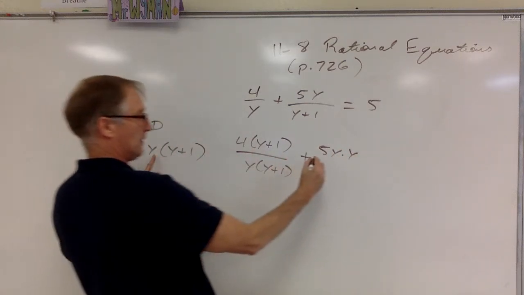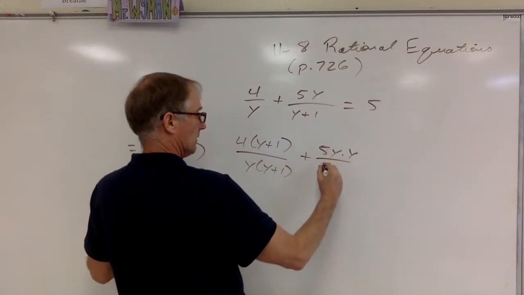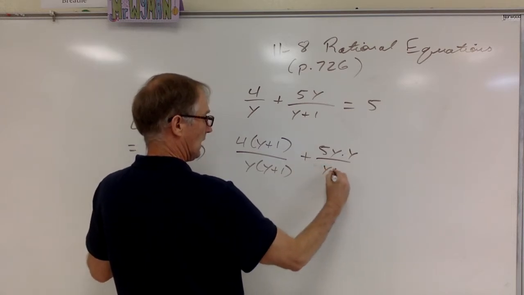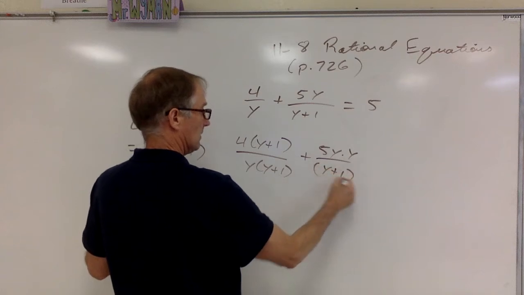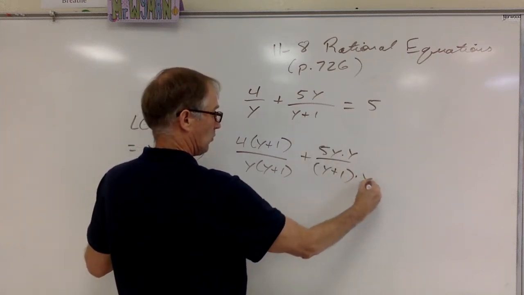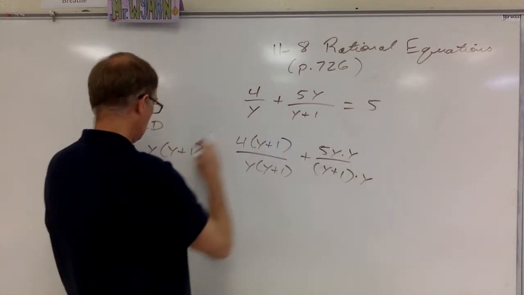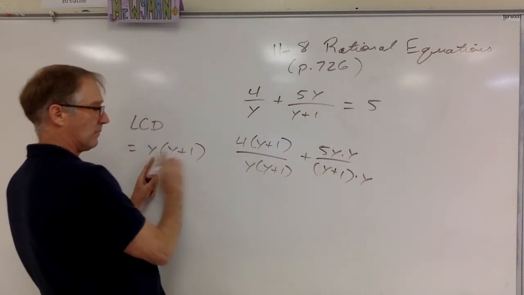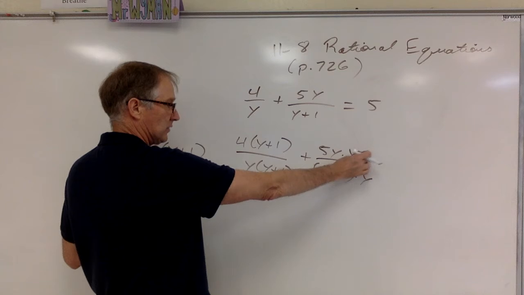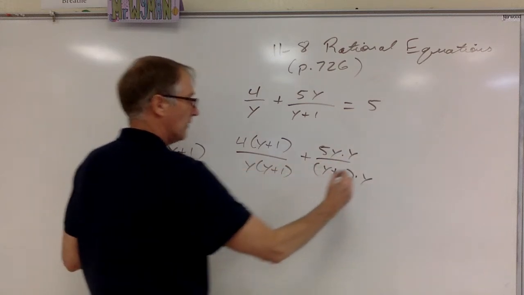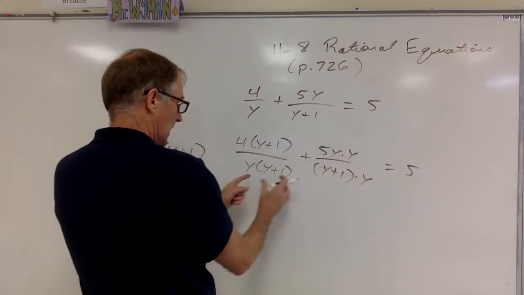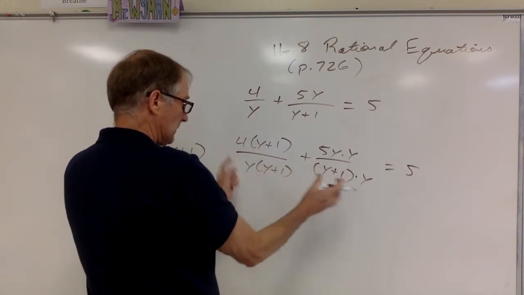Multiplying to get a common denominator, I have to multiply y plus 1, which is that, times y. These y's right here come from the fact that I'm trying to get a common denominator. Remember, to get a common denominator, you also have to multiply the numerator by that. And that's going to all equal 5. So now I've got a common denominator of y times y plus 1.